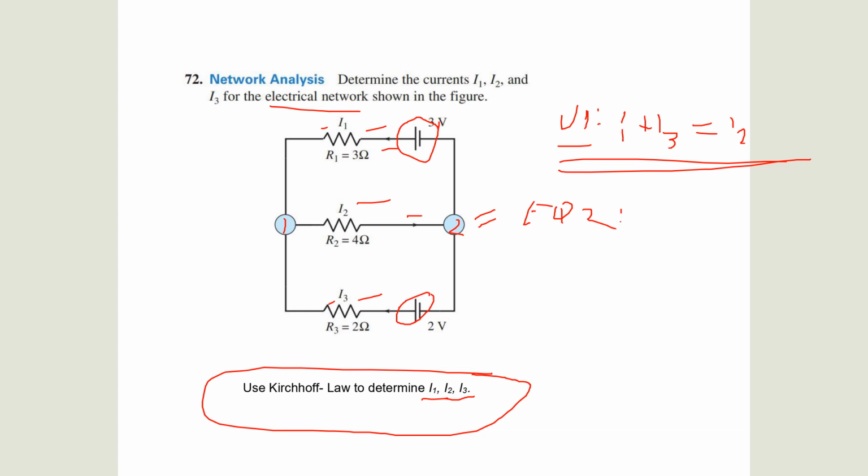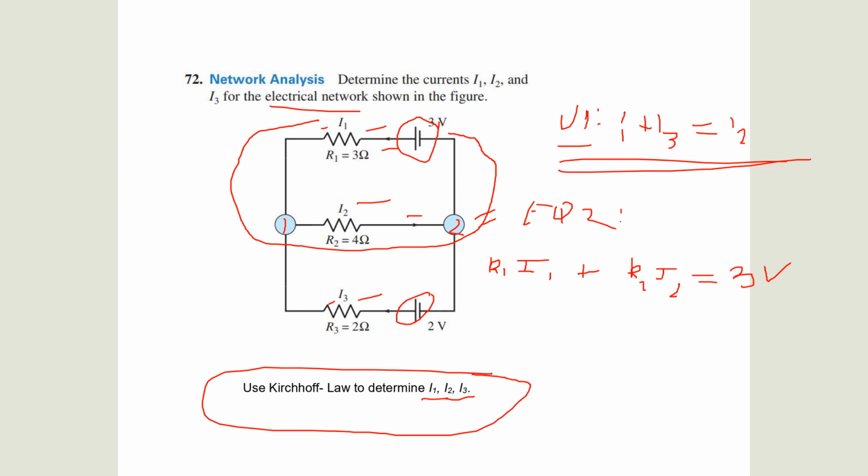Since I sub 1 and I sub 3 are moving towards the first battery, R sub 1 times I sub 1, because voltage equals R times I, plus R sub 2 times I sub 2 is equal to how many volts? 3 volts.